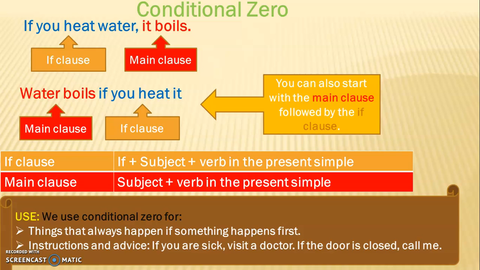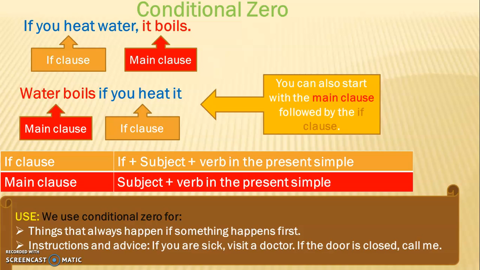Remember that the verb tense we use is the simple present in both clauses, in the if clause and the main clause. So, I hope that you have understood the topic better than the previous time, and that you could clarify your doubts through this video.